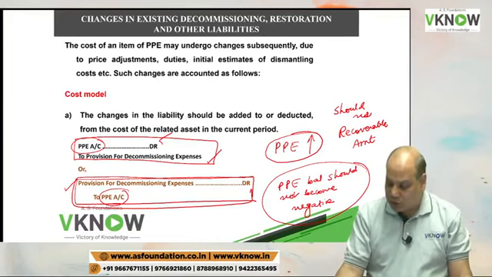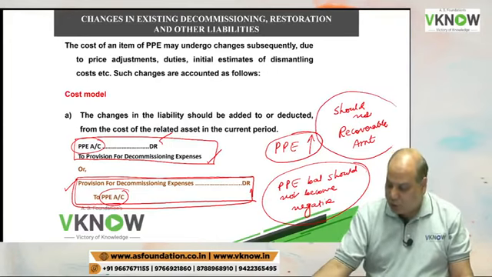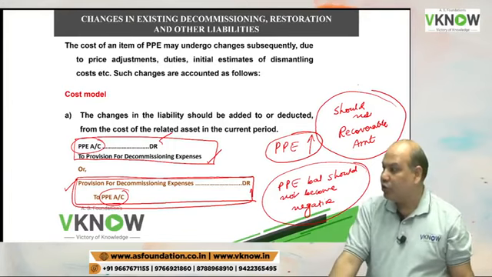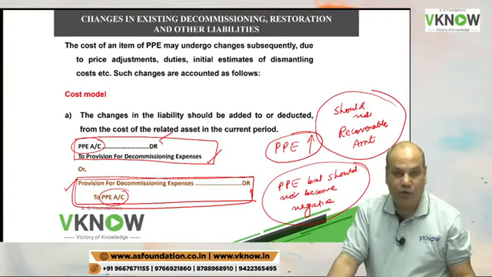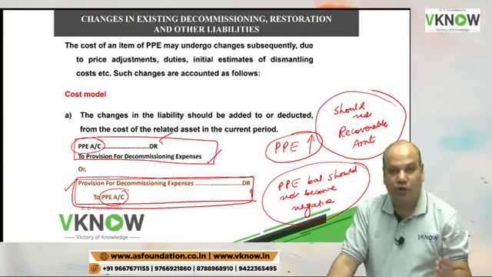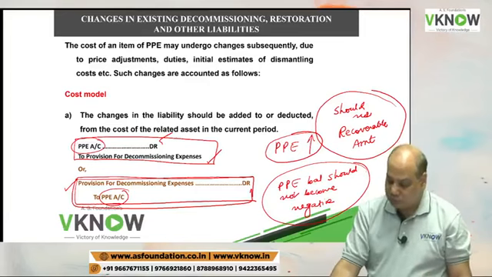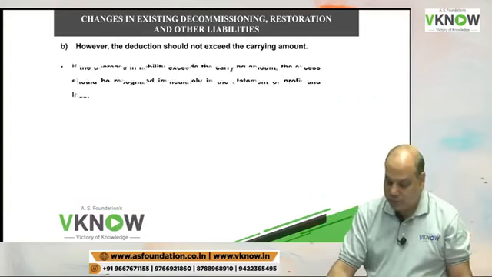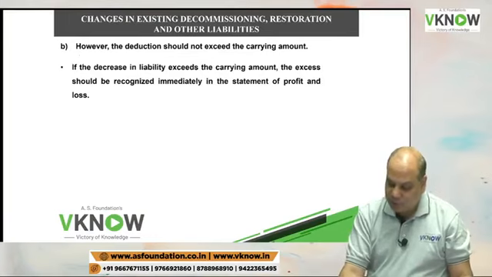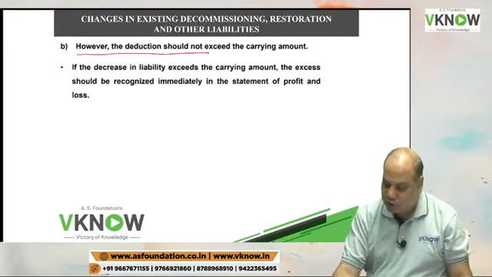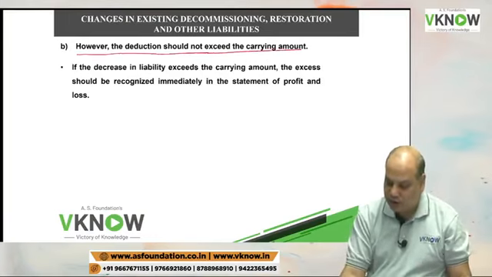So in both cases, if the value has to increase, it should not exceed the recoverable amount. If the value has to decrease, it should not become negative. So the standard says the deduction should not exceed the carrying amount.